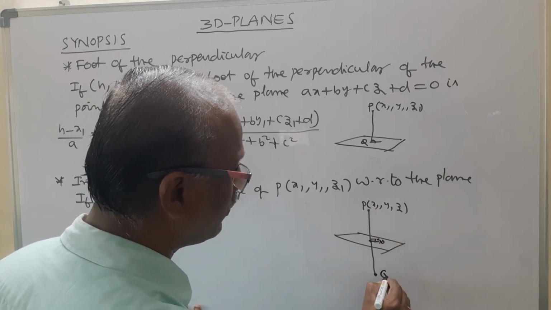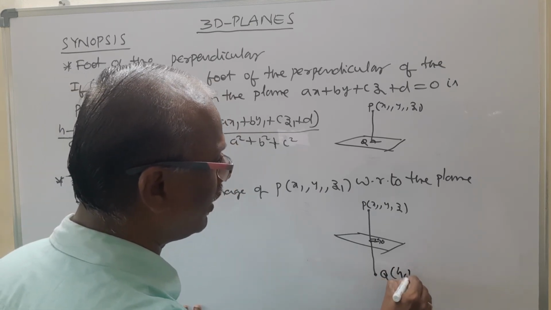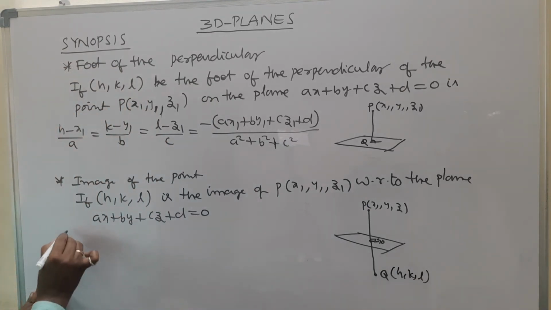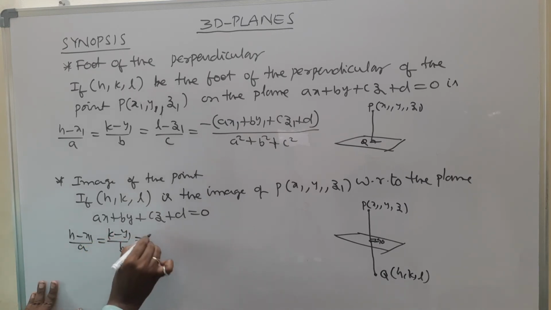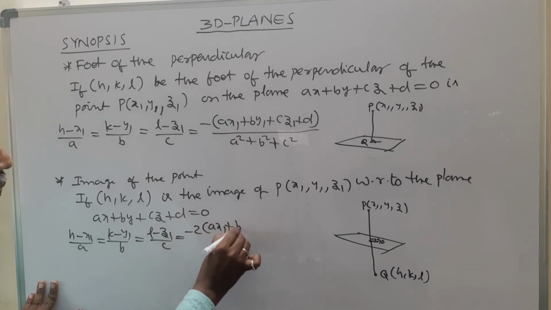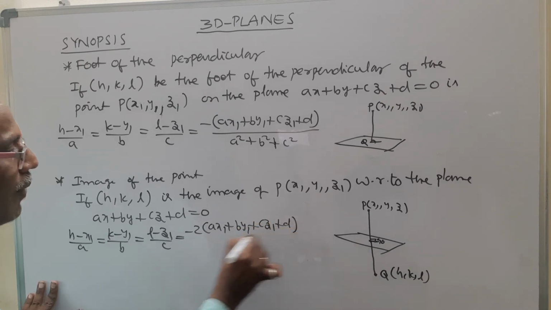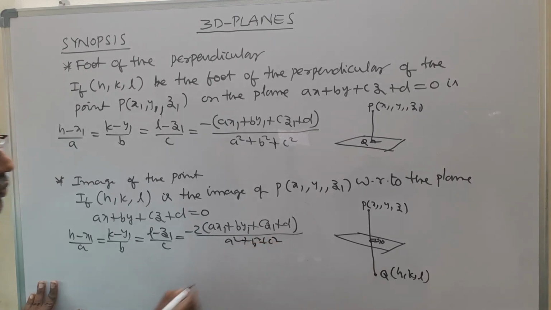This is the image point Q. To find the Q coordinates h comma k comma l, the formula is (h minus x1) by a is equal to (k minus y1) by b is equal to (l minus z1) by c is equal to minus 2 into (ax1 plus by1 plus cz1 plus d) by (a square plus b square plus c square).